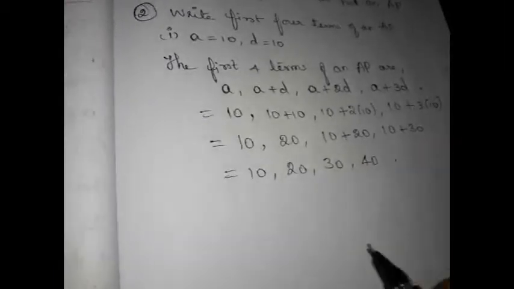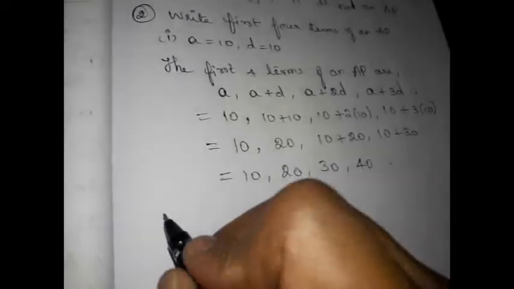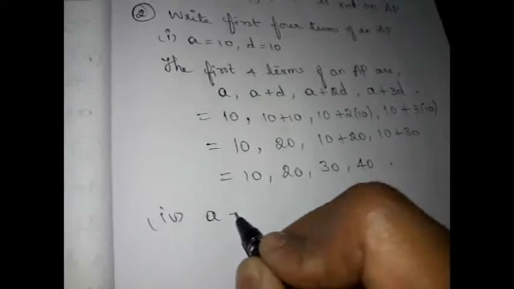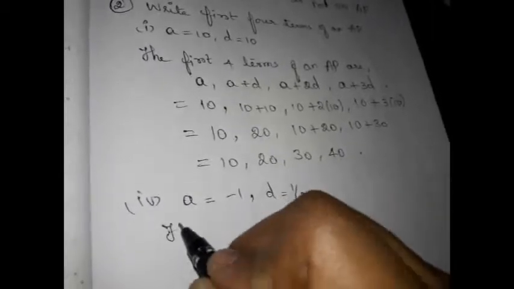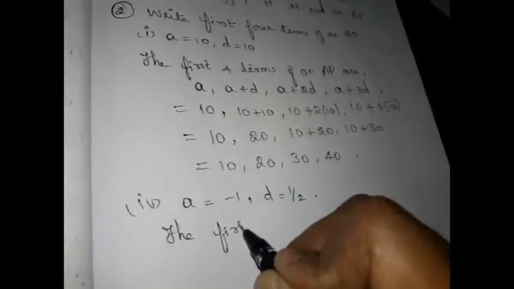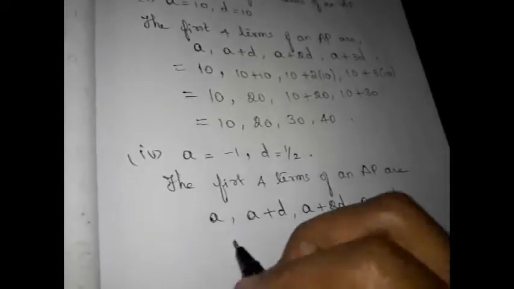Likewise let us do one more problem in this 4th subdivision. A equal to minus 1, D equal to 1 by 2. How will you solve this? The same way. The first 4 terms of an AP are A, A plus D, A plus 2D and A plus 3D.